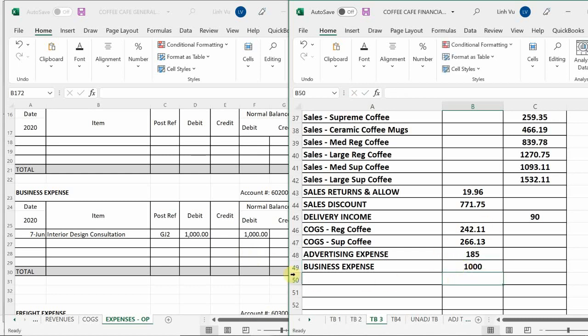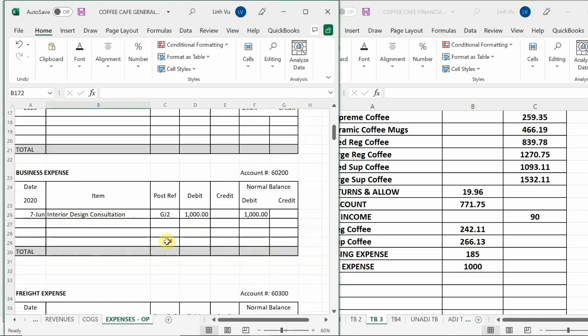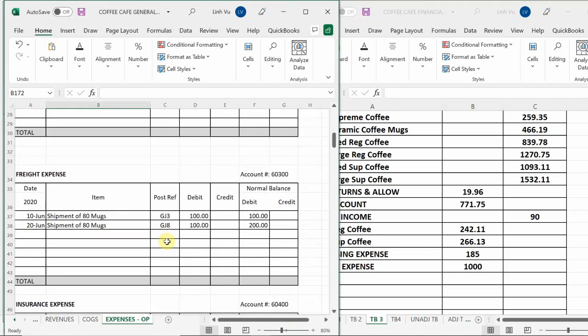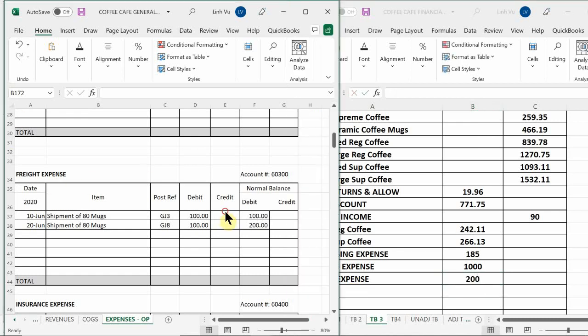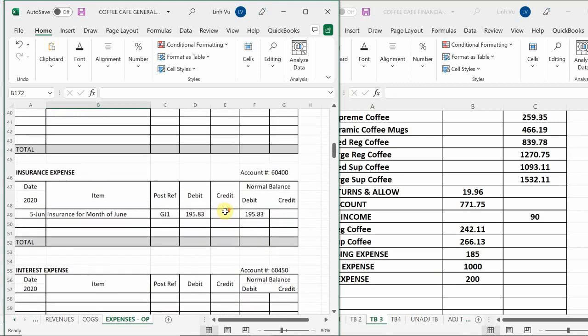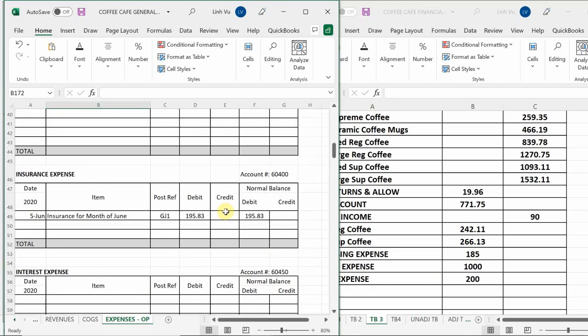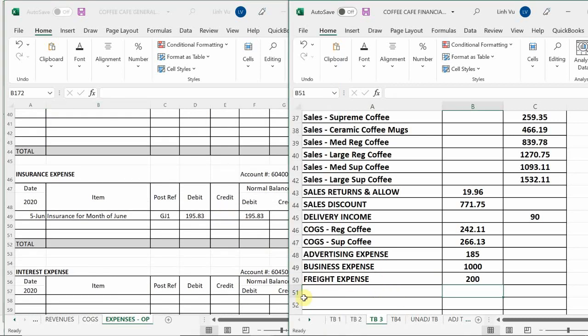Okay. Next we have is freight expense. $200. Okay, next is insurance expense.